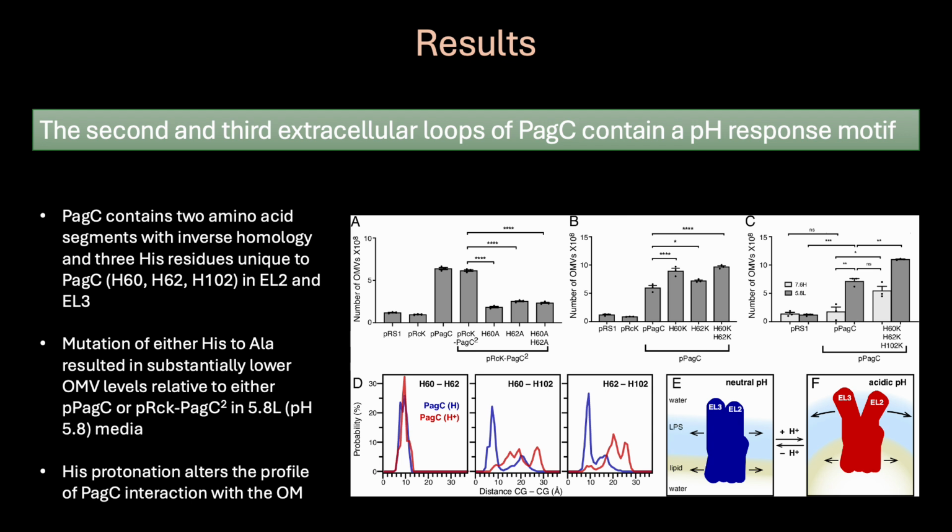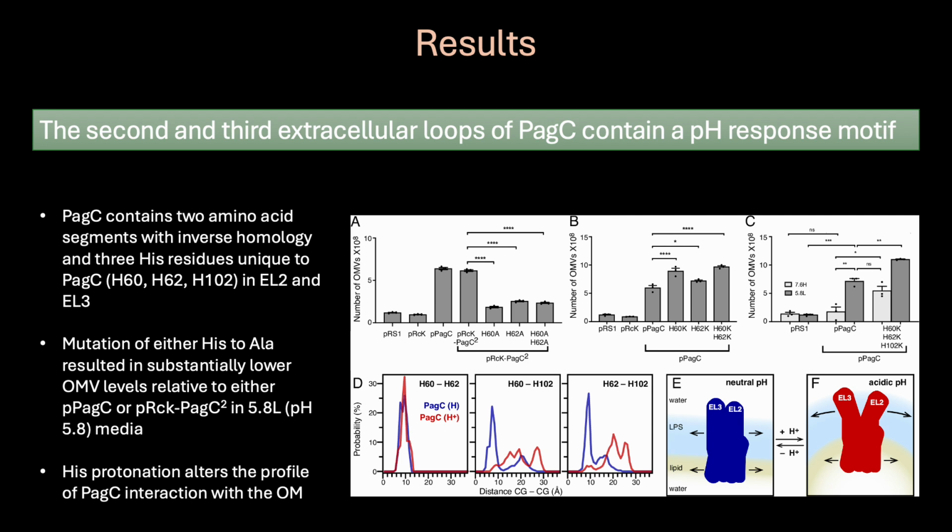Figure D is showing three MD simulations of how PAG-C with protonated histidine residues in red and neutral histidine residues in blue affect the histidine-histidine distances across EL2 and EL3. On the x-axis, we see the distance between a particular location of one histidine and another.